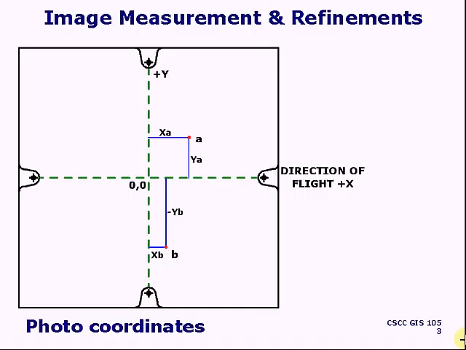My very first photogrammetry class, the very first lab, the first thing that we did was take a steel straight edge and a needle point and strike just a tiny line across the paper photograph, hooking up those four fiducials, finding the 0, 0 in the middle, and then grabbing a scale and just measuring the coordinates of different points on a photo.